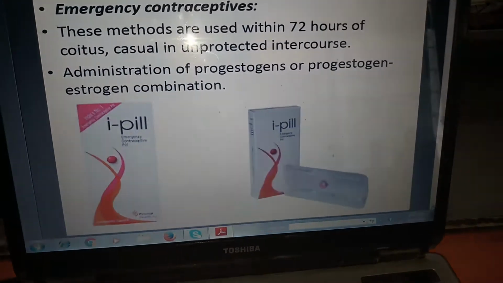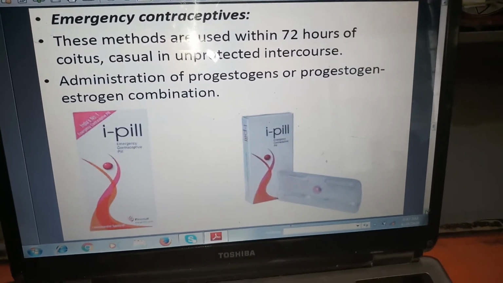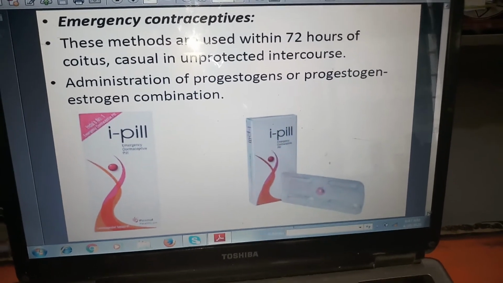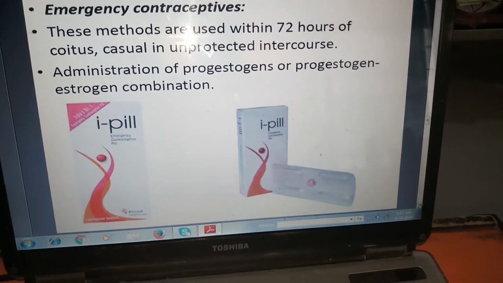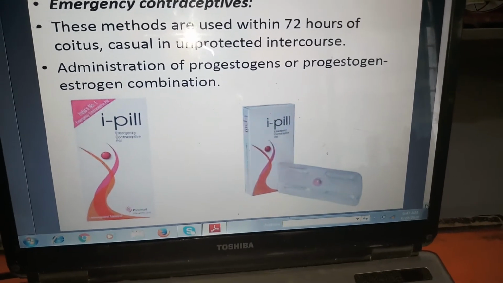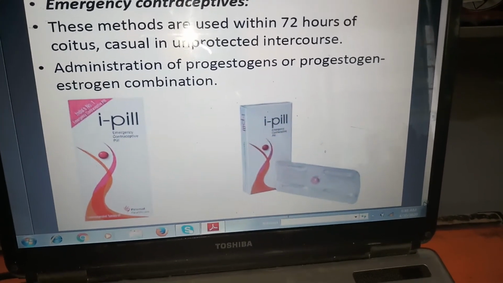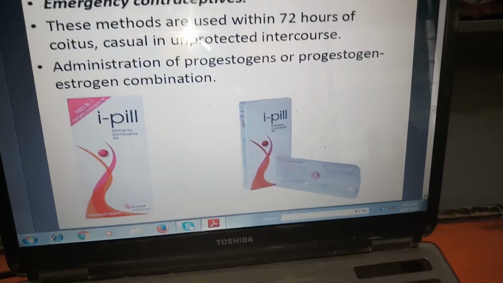Within 72 hours, if the person uses these emergency pills, then pregnancy can be avoided. But the time should be within 3 days, that is 72 hours. It involves administration of progesterone or a progesterone-estrogen combination.